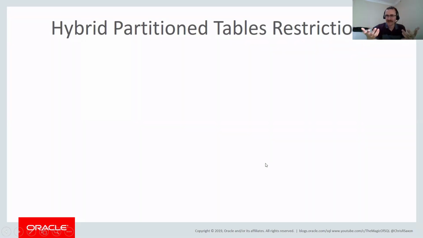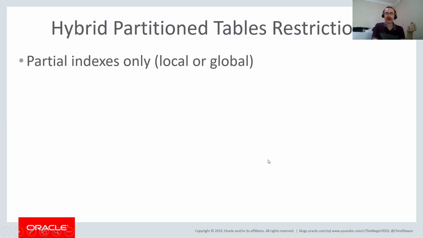So does that mean we can't index the table at all? Well, no. Some of you may know in 12c we added partial indexes. If you've got a partition table, you can say we only want to include rows from these partitions in the index. The rest of them won't be indexed at all. So we're able to use that feature in hybrid partition tables.